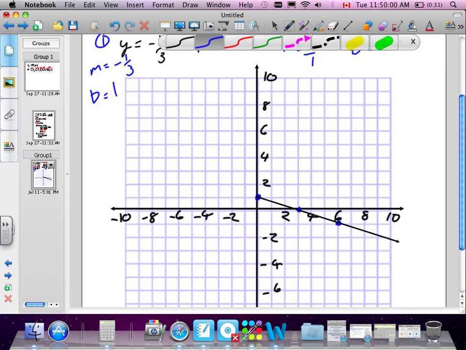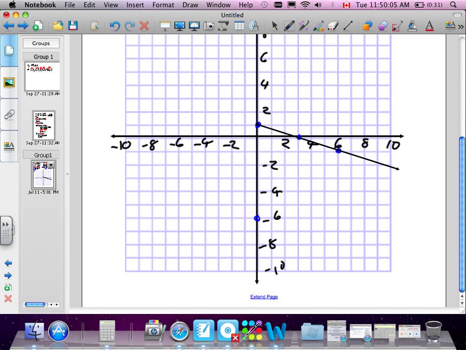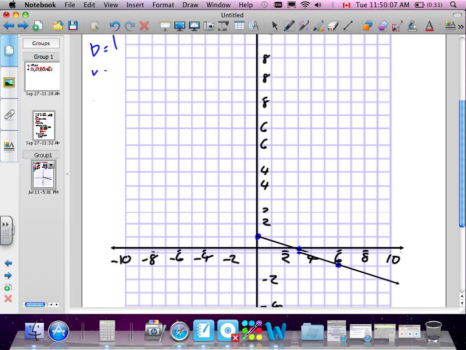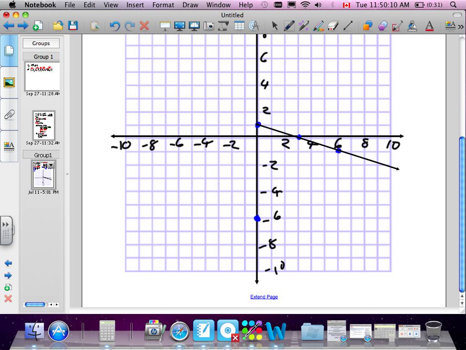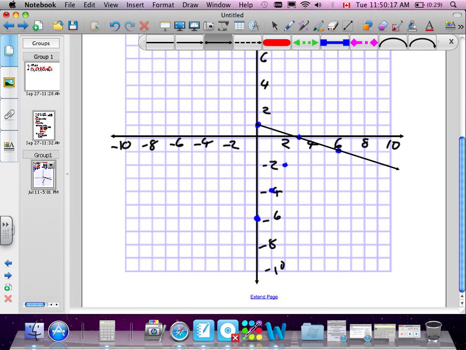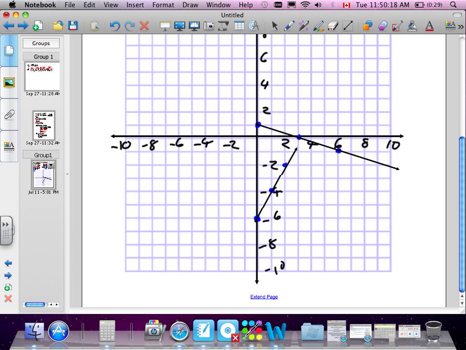We're all set up. Equation 2. Our y-intercept is -6. And our slope is up 2 to the right 1. So we go up 2 to the right 1, up 2 to the right 1, and then we continue that pattern.